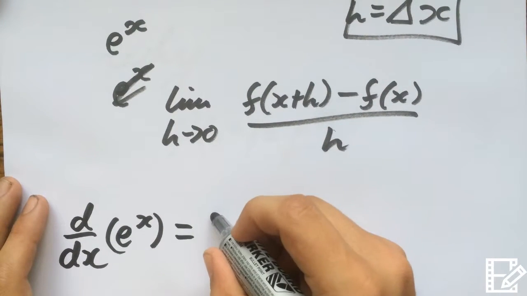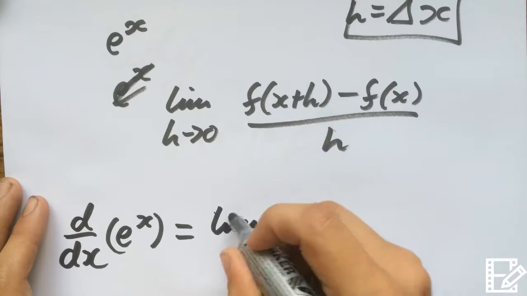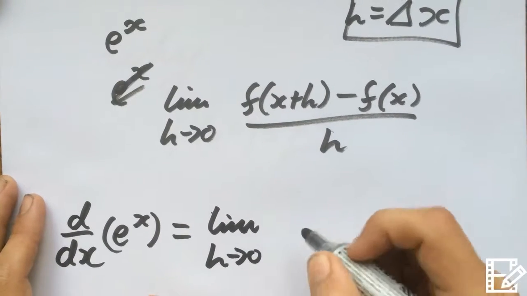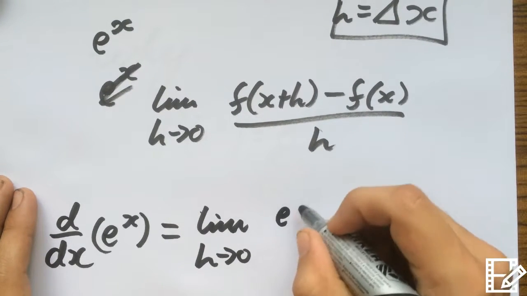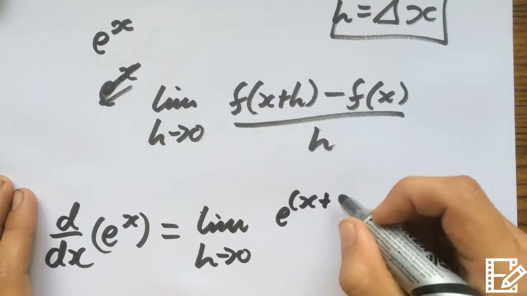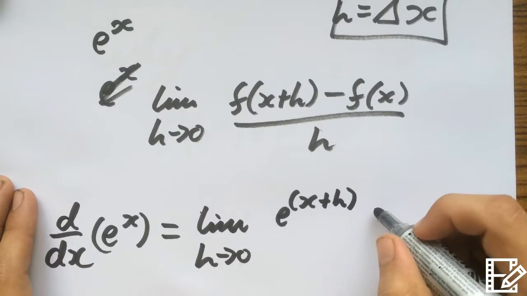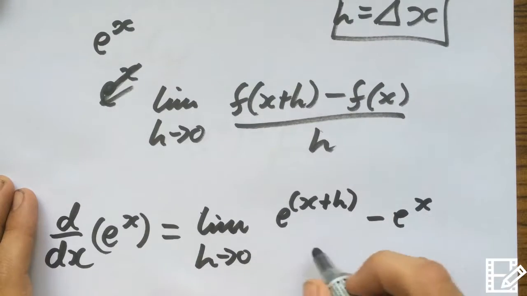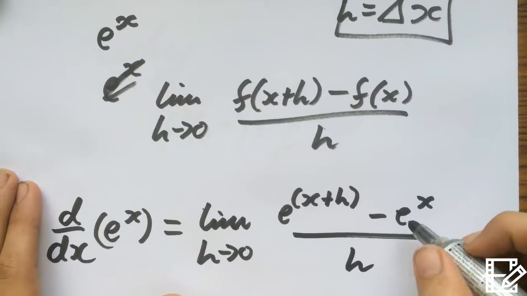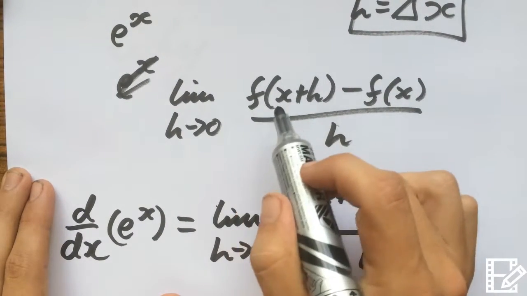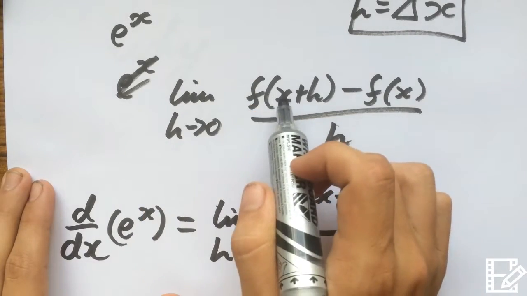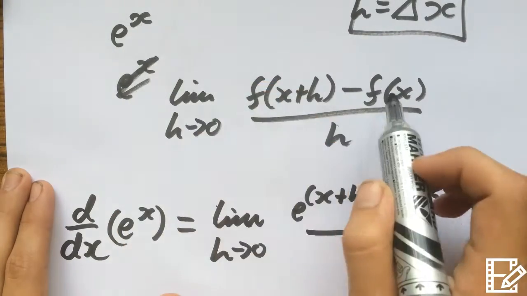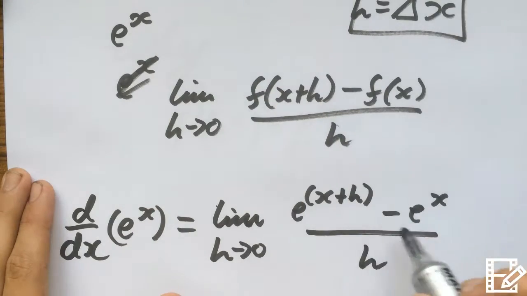The other side will look like, using limits, as h approaches 0 of e to the x plus h minus e to the x over h. See what I mean? It means the function, but the variable will be x plus h instead of x, and on this one it will be x, the same, just like this.